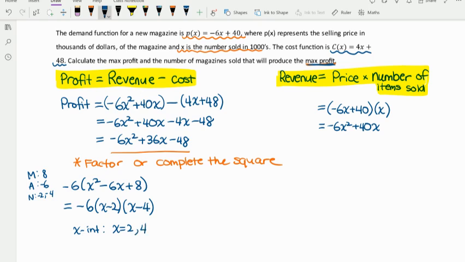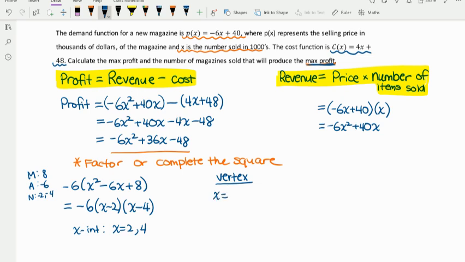I guess another method instead of factoring, you could use the quadratic formula to figure out your x-intercepts, just like the assignment. But this is a little bit less writing, I feel like. All right, we got the x-intercepts. Let's find the vertex.